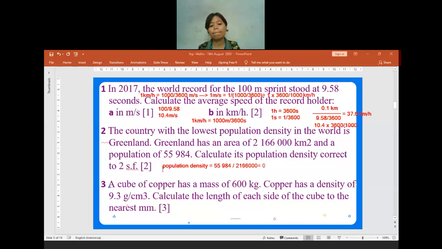Teacher, I answered 0.03. Read the question: calculate its population density, correct to two significant figures. What does it mean by two significant figures? I write all the digits that I get from the calculator, 0.026.